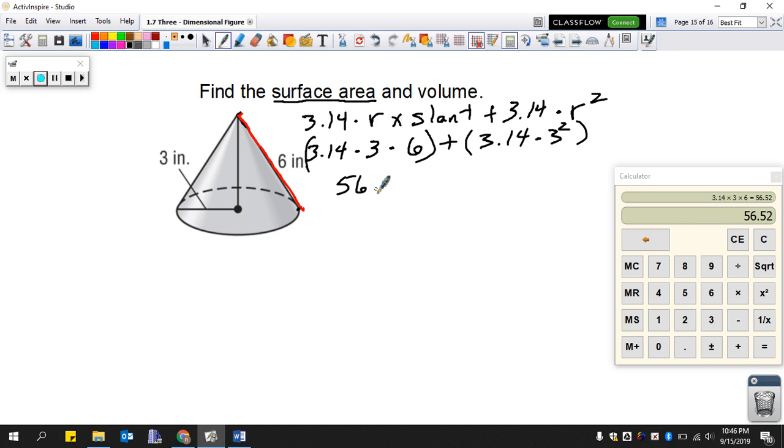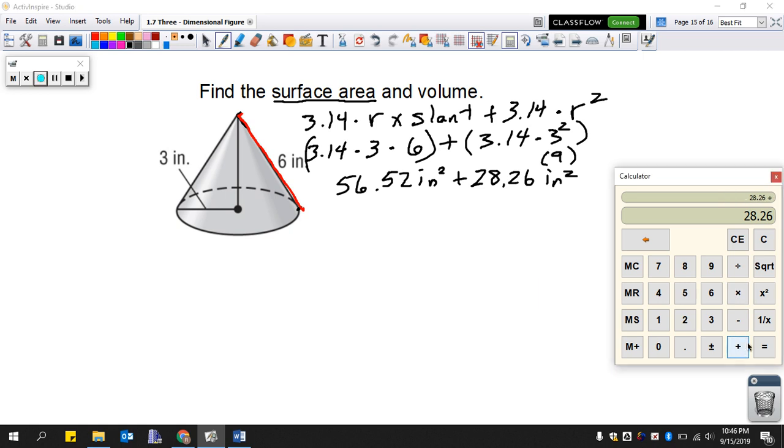56.52 inches squared, plus 3.14 times, remember this turns into 9, 3 times 3, 3.14 times 9, 28.26 inches squared.